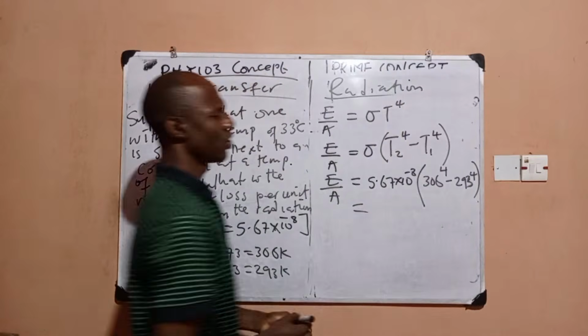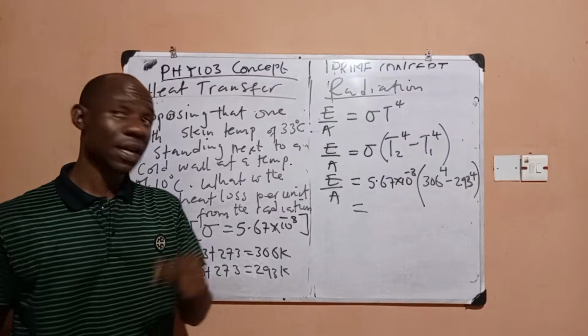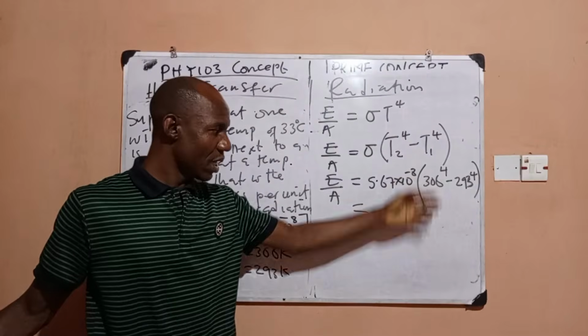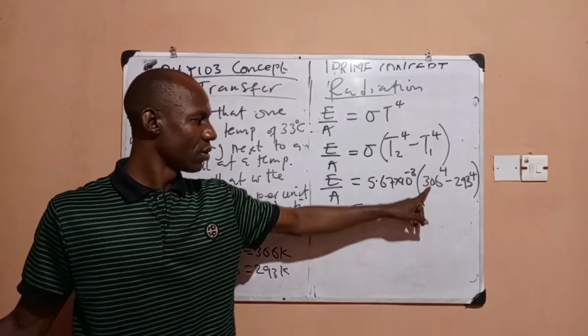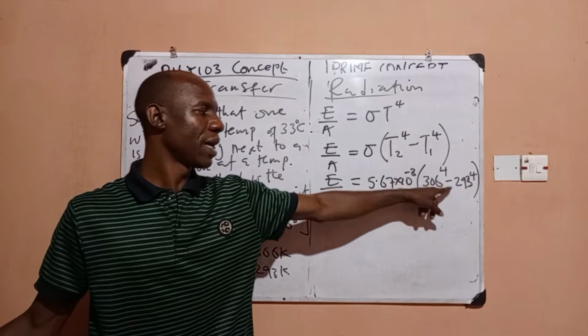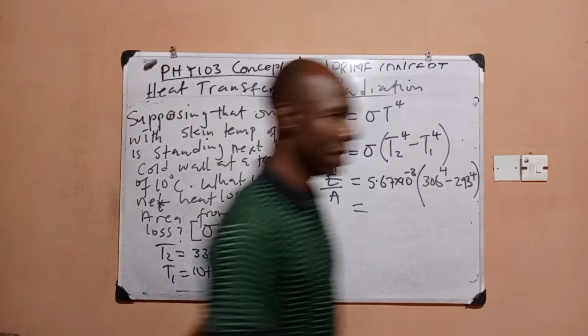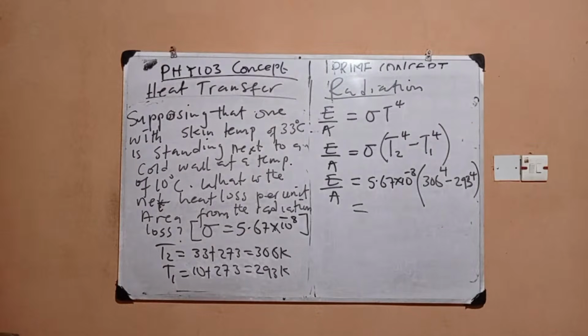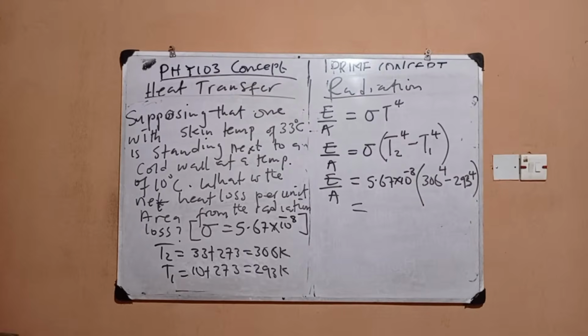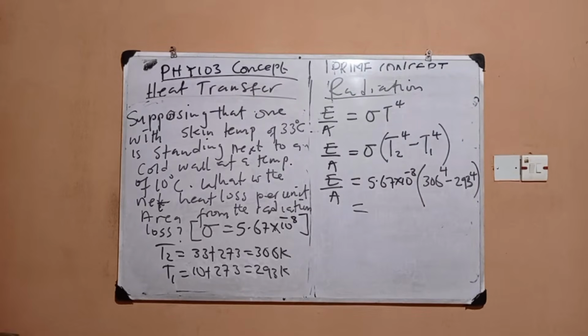I don't have a good calculator, but I would like you to help me punch this. So you're doing 306 raised to the power 4 minus 293 raised to the power 4 multiplied by this. So give me your answer. Who has the answer? Help us punch, please.